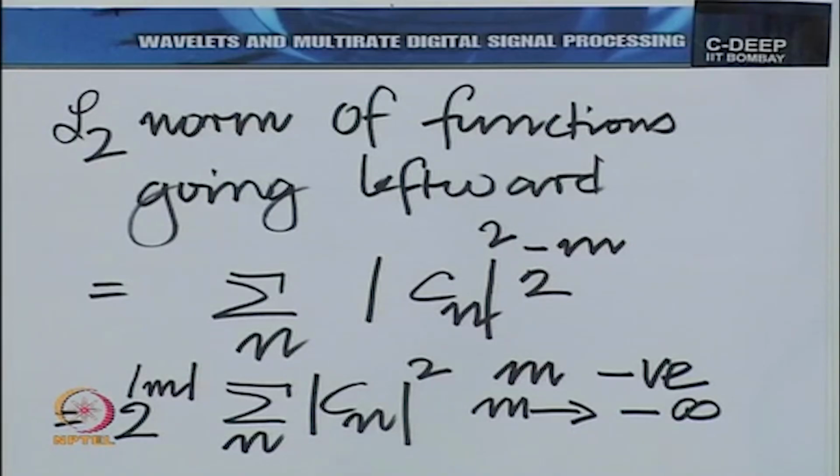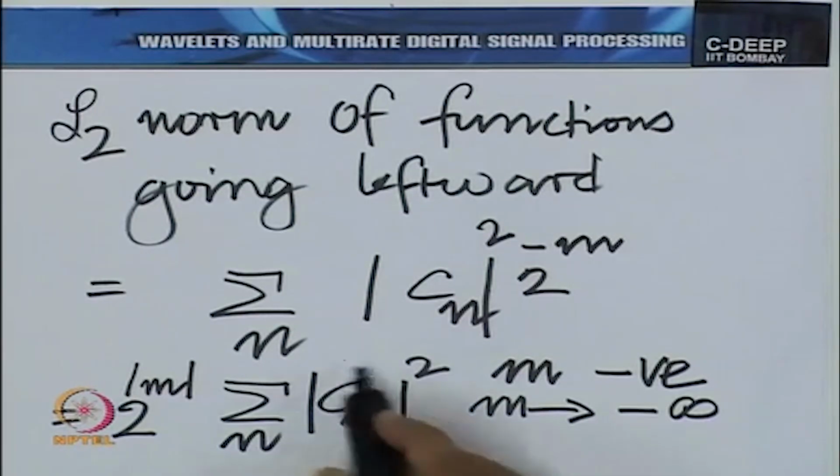Now, you see, the subtle point is that if this needs to be finite irrespective of how large m is, we have no control on this except that this part must be finite. But then when we say finite, if it is non-zero and if we allow m to grow without bound, this is going to diverge.